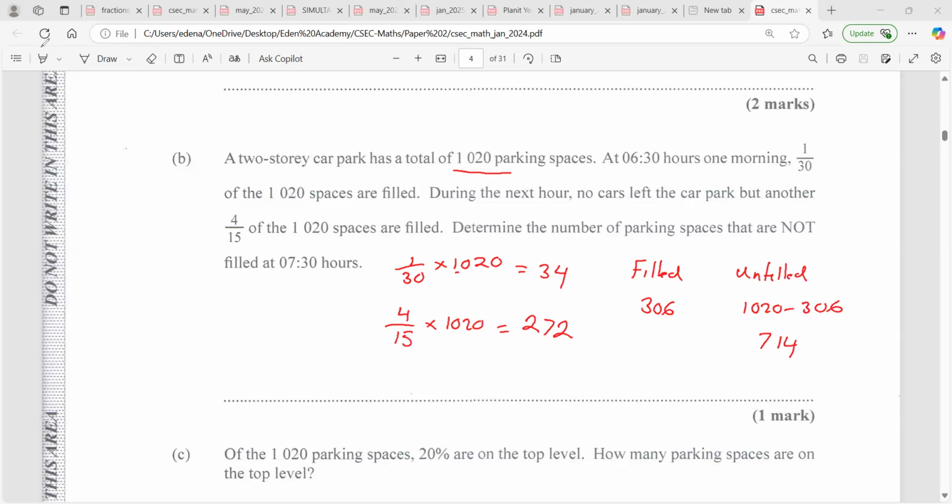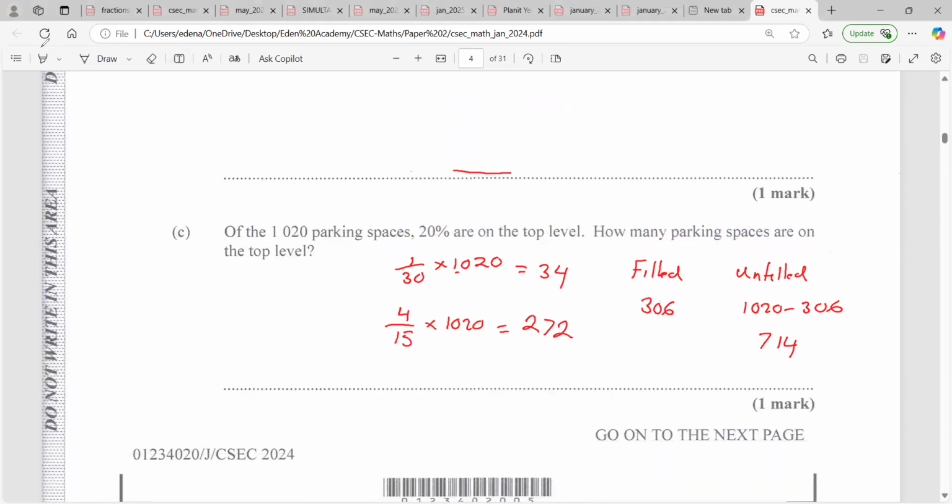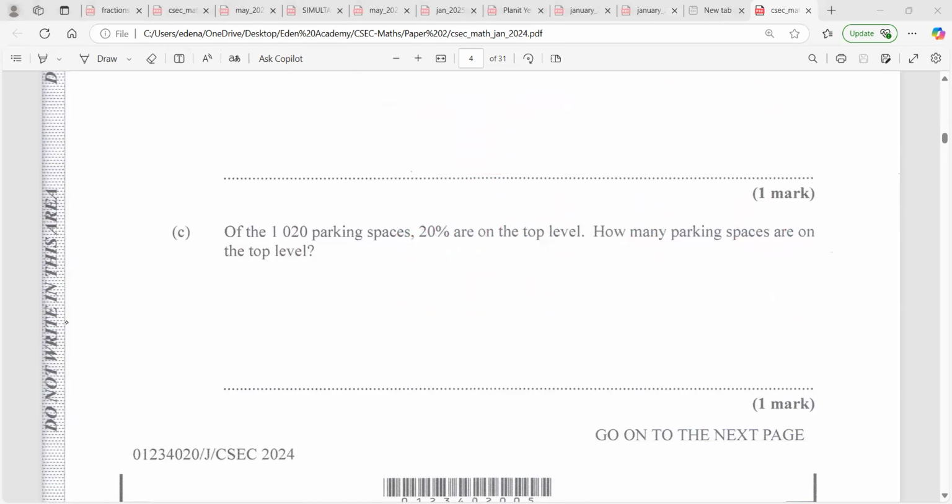All right, so let's try another one on another part. Of the 1,020 parking spaces, 20% are on the top level. How many parking spaces are on the top level? So let's go ahead and clear that. And we just find 20% of 1,020.